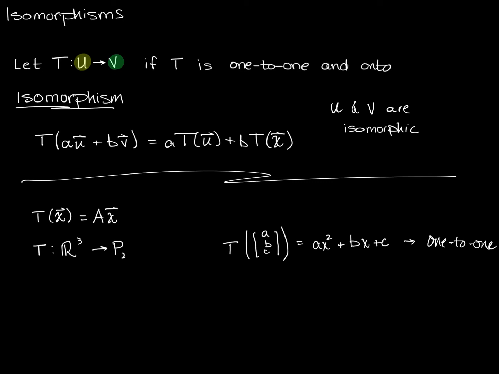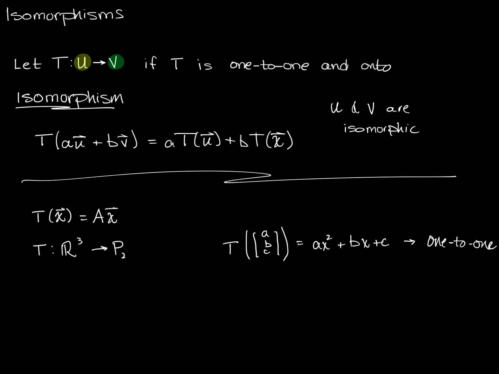It's onto if every possible outcome here in the codomain, every possible polynomial of degree 2 or less, gets used up in the application of the transformation to all of the vectors in R3. And I would argue here that since these vectors are made up of real numbers, and A, B, and C can be any real number, they could all be equal. They can be zeros, so I have that possibility.